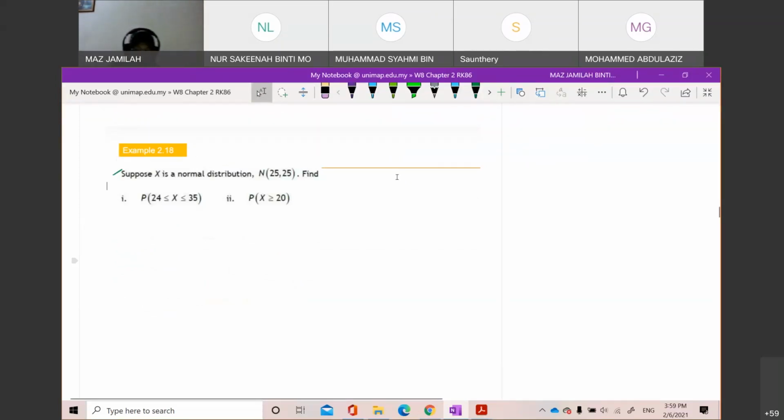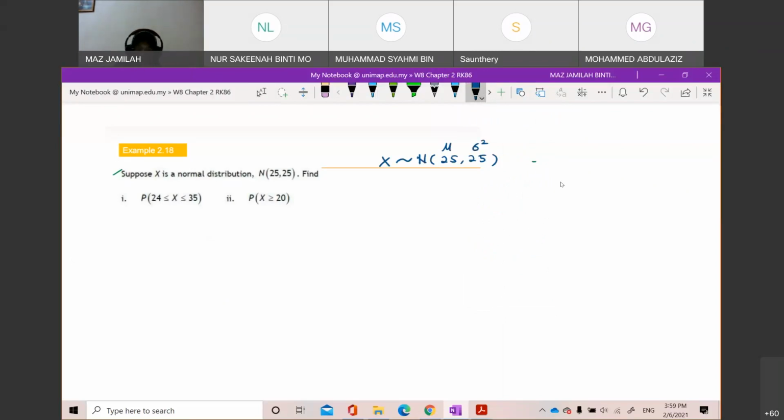So how do we deal with this kind of question? Please understand X is normal with mean 25 and variance 25. So this is the mean, this is the variance.